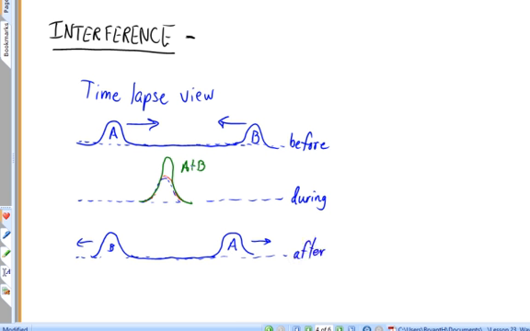And if those two pulses are in phase, in other words, both of them are crests, or we could say both of them are troughs, and they don't necessarily have to be equal in amplitude, they just have to have the same relative phase, then we call this kind of interference constructive interference. We call it constructive interference because during the time which the pulses overlap, the resulting amplitude is larger. In other words, I have constructed a wave that has a larger amplitude than either of the original amplitudes.